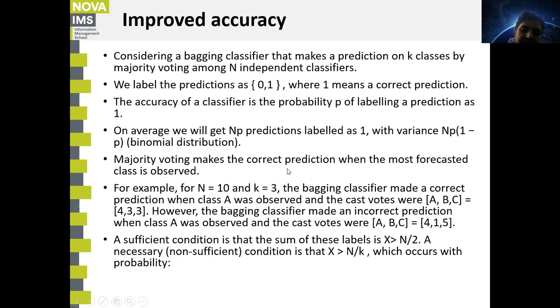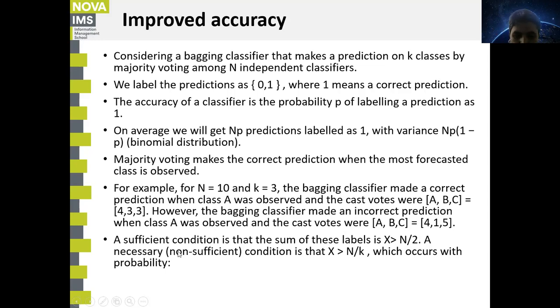Majority voting makes the correct prediction when the most forecasted class is the one observed. For example, if the sample size is equal to 10 and we have K equal to 3 classes, the bagging classifier made a correct prediction when class A was observed and the cast votes were 4 for class A. However, the bagging classifier made an incorrect prediction when class A was observed and the cast votes were 5 for class C. So a sufficient condition is that the sum of these labels, which we call X, needs to be superior to n divided by 2.